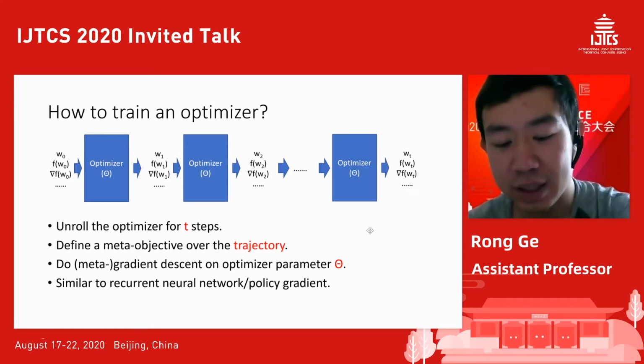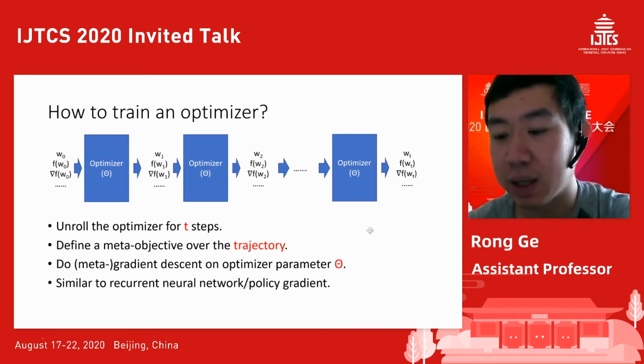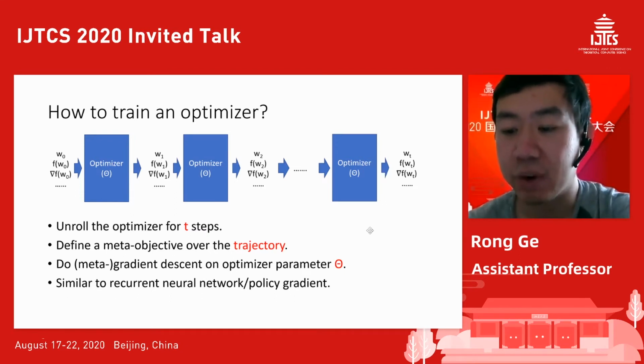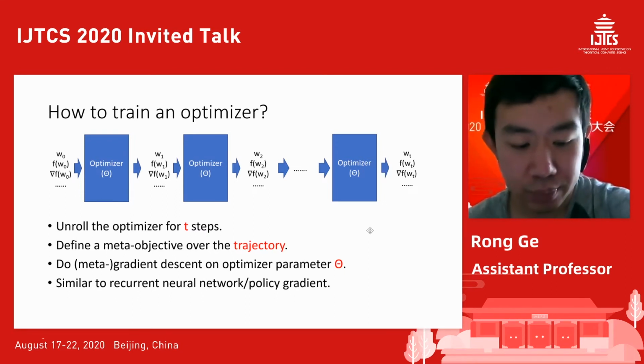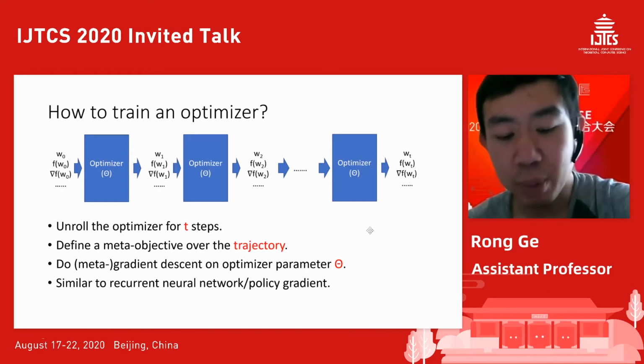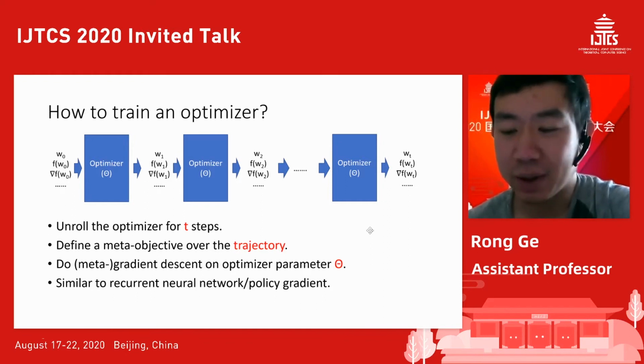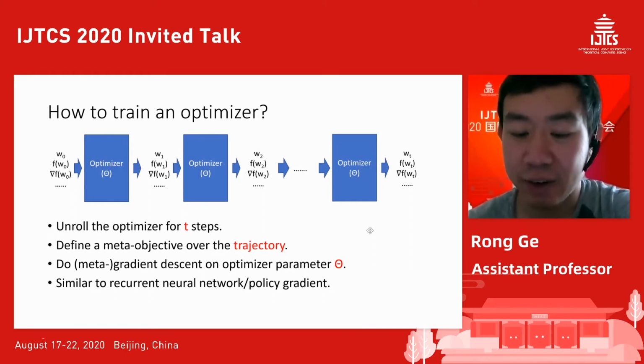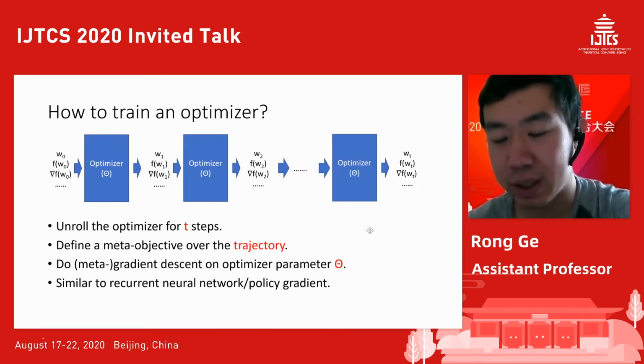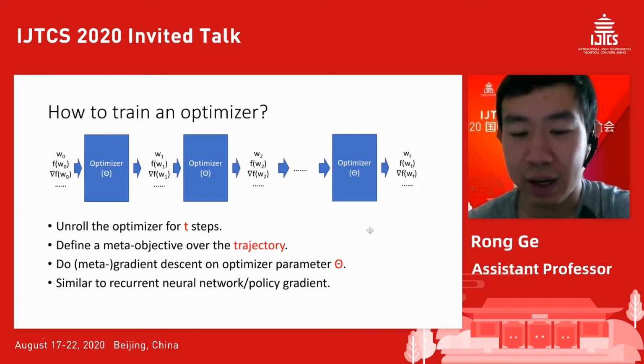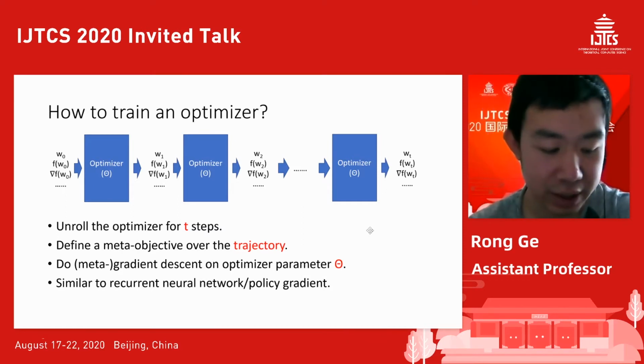Or you can also think of this as very similar to doing a policy gradient in a reinforcement learning setting. In both of these two cases, it's known that optimization is actually very difficult for both recurrent neural networks and policy gradient. They are not as easy to optimize as standard supervised learning settings.